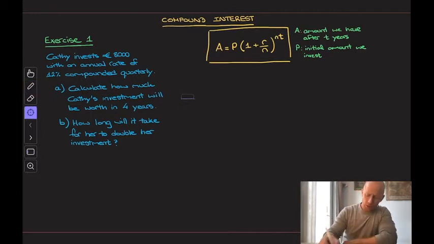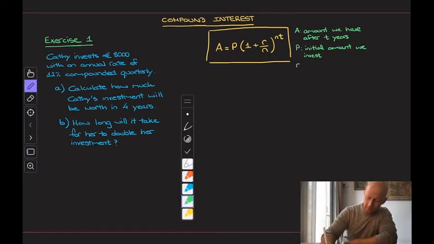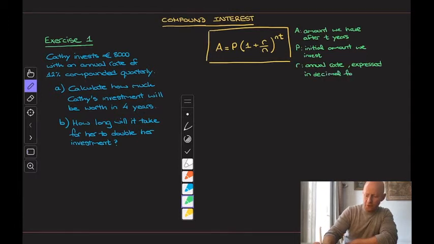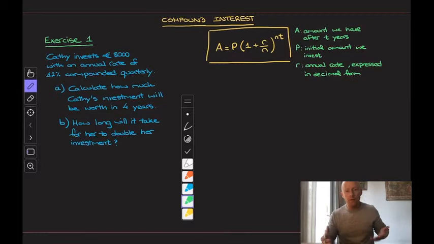Next, we have R, and R is the annual rate, and I should specify expressed in decimal form. What I mean by that is, for instance, if we had 30% in decimal form, that would be 0.3.